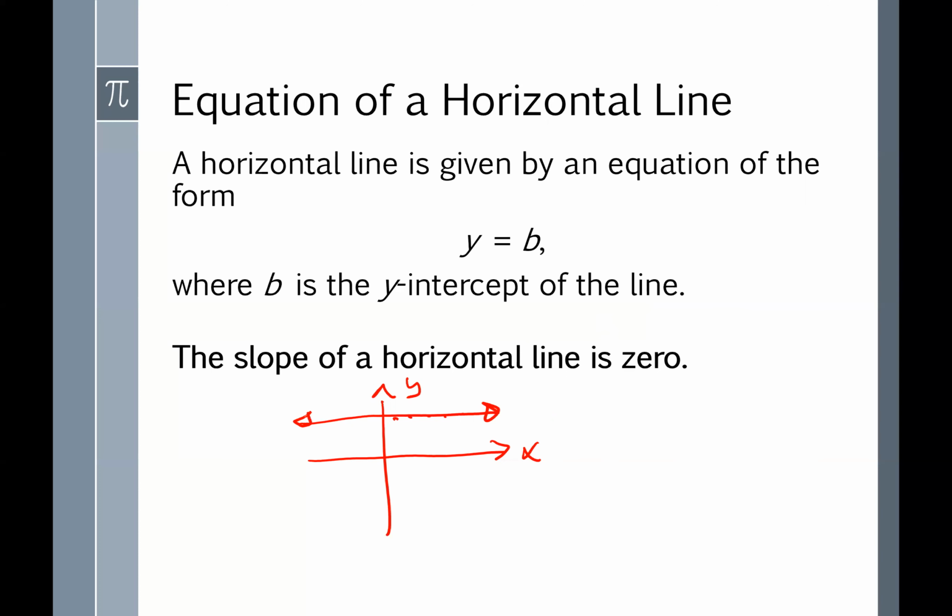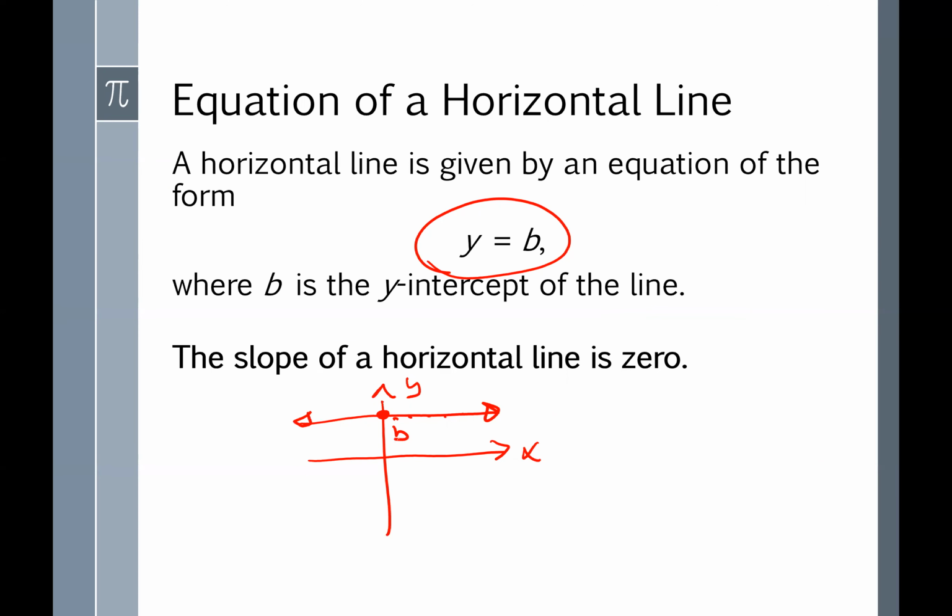So y is constant, but x can be anything. So the equation of a horizontal line is exactly that. y equals a constant, y equals b. And we use the variable b because that's what we use for the y-intercept. So the equation of a horizontal line is y equals a constant.